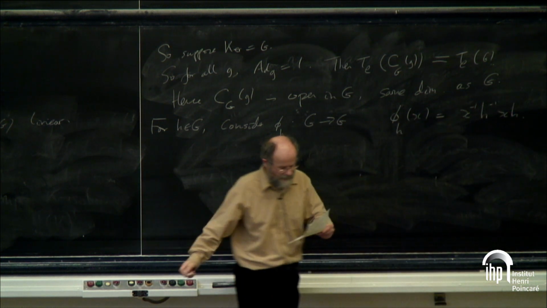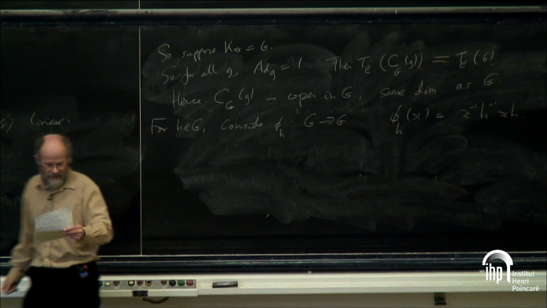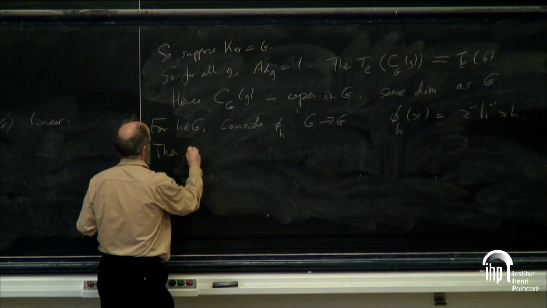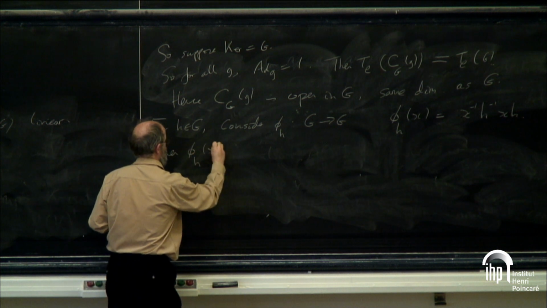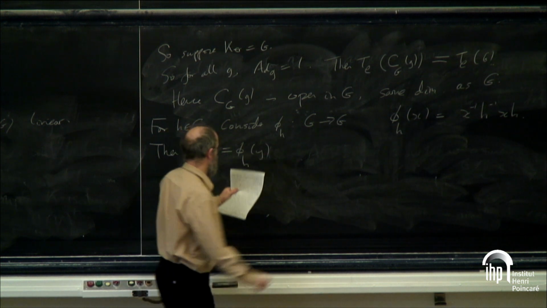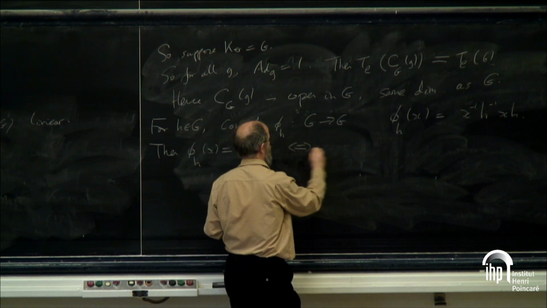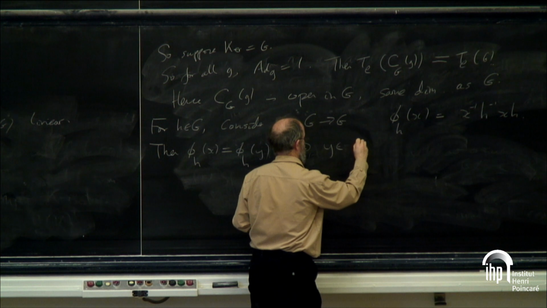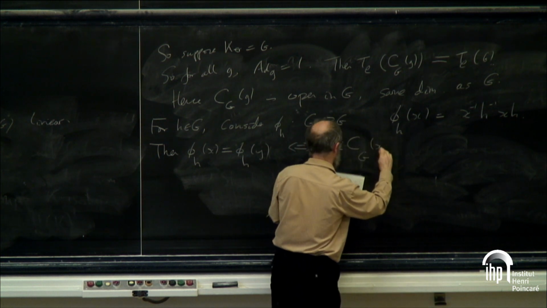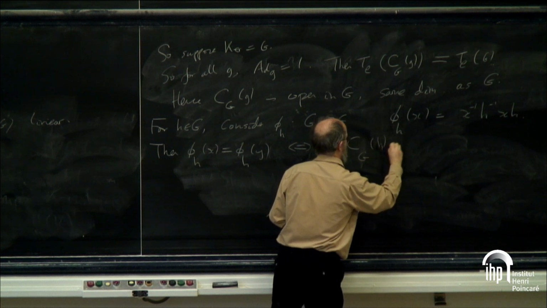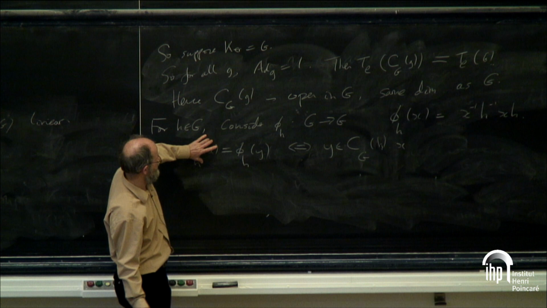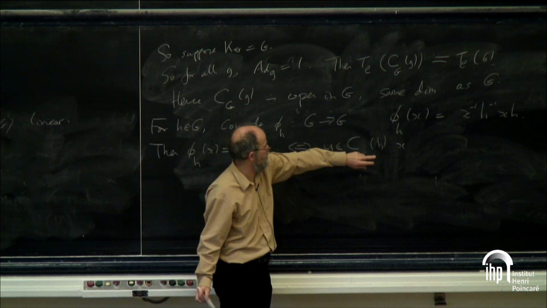So it's a perfectly good definable map. Now you can check that phi H of X equals phi H of Y if and only if, by a calculation, Y is in the centralizer of H times X. So the fibers are just cosets of the centralizer of H.